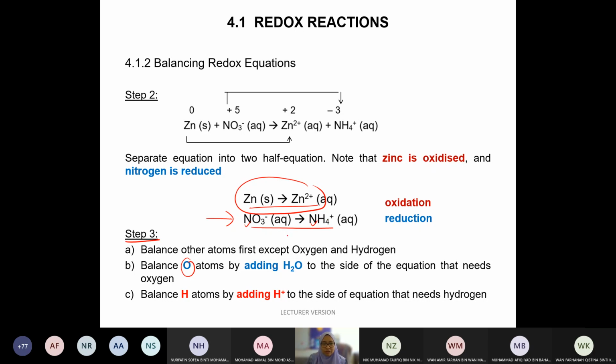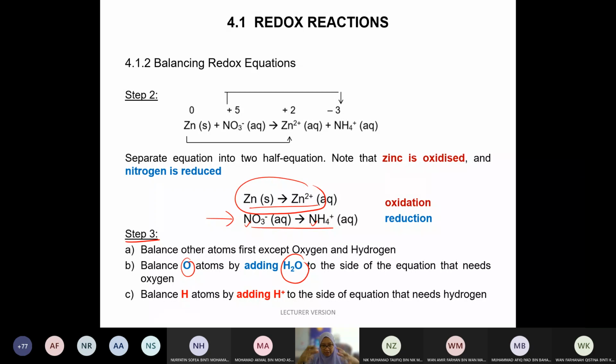So how do we solve for this one? So dia kata to balance oxygen dekat tempat yang tak ada oxygen, we are going to add in H2O guys. Tambah H2O, bukan tambah O2, bukan tambah O, dia tambah H2O. Faham? Ni syarat dia, you kena add in H2O.